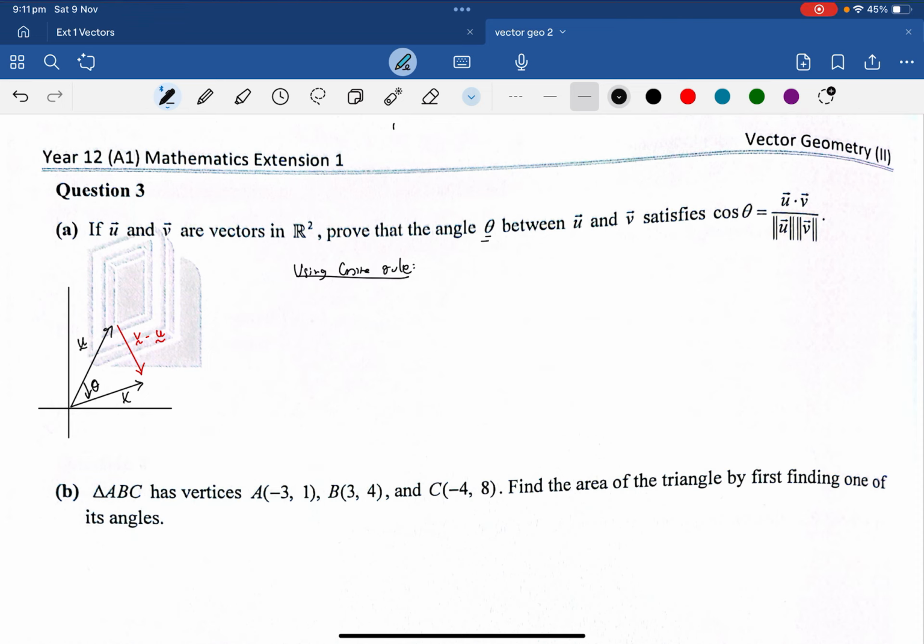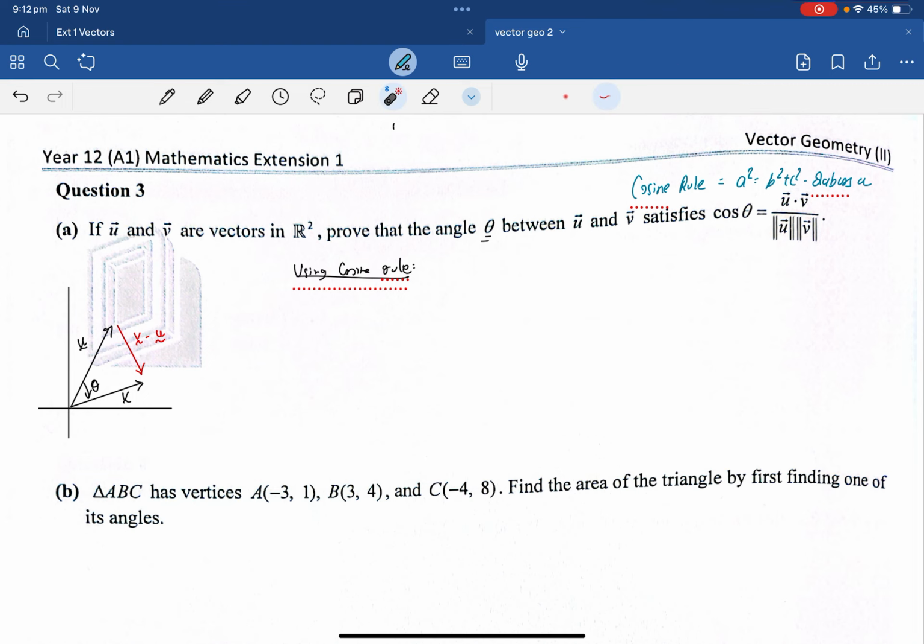Our first proof is using cosine rule, and if you guys forgot what cosine rule is, let me write it here. Cosine rule is a squared equals b squared plus c squared minus 2bc cos A. So using cosine rule, what is our a squared here?